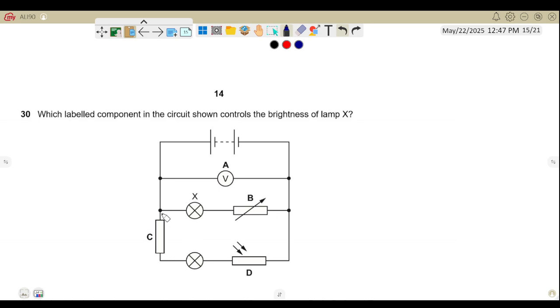As we see here in this branch, the only things that we have are the lamp and this variable resistor, which means what's going to control the brightness of this lamp is just the component labeled B. This is the answer for this question.